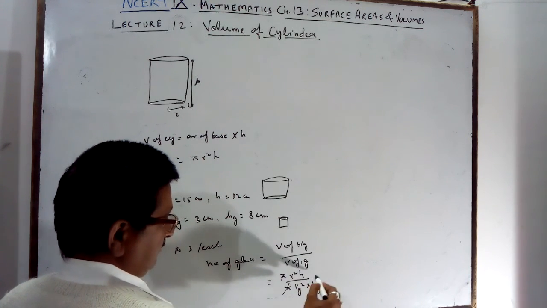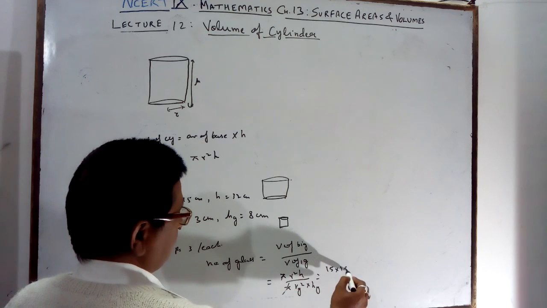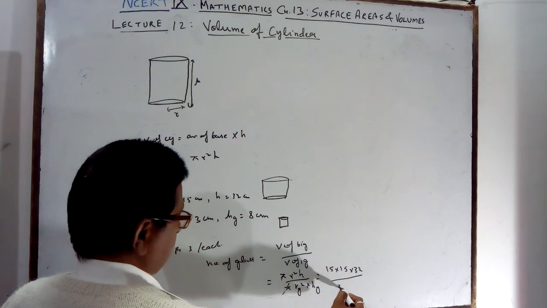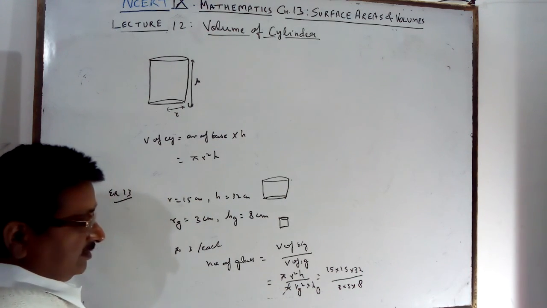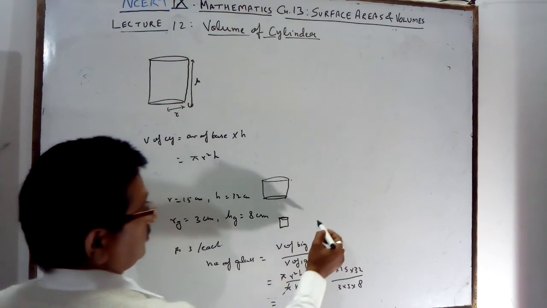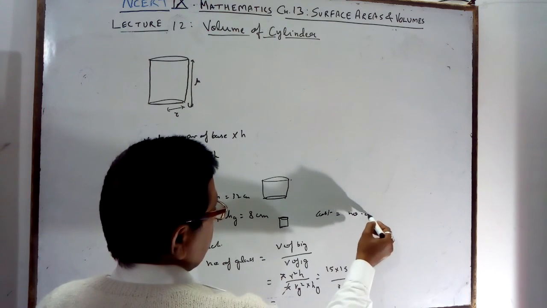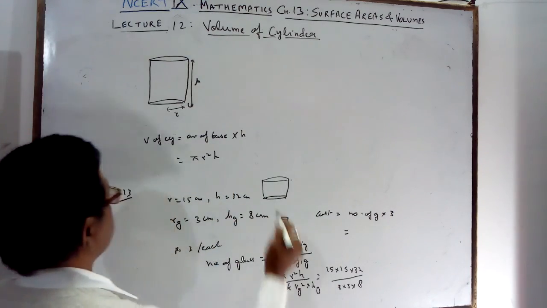Both pi cancel. Put the values here: 15 multiplied by 15 multiplied by 32, divided by 3 multiplied by 3 multiplied by 8. You will get the number of glasses. So the cost is equal to the number of glasses multiplied by the rate. You will get the money.